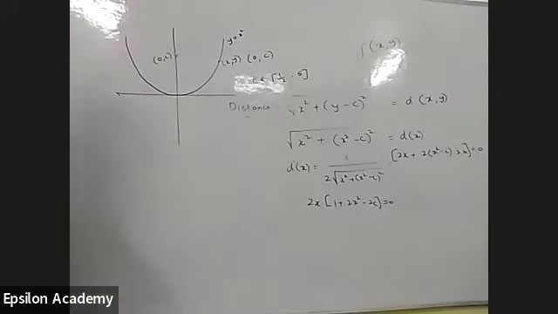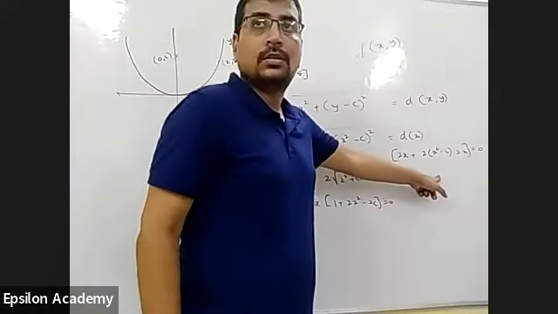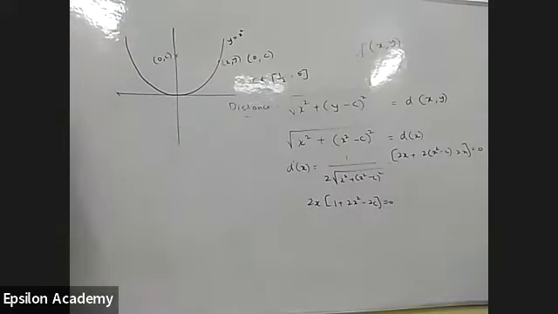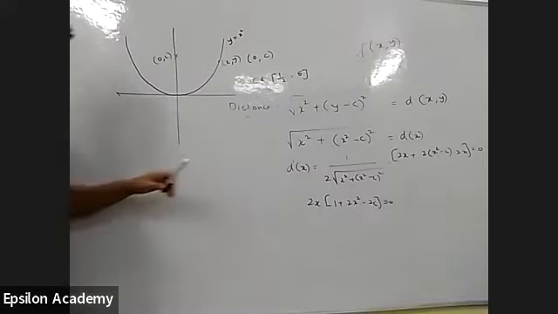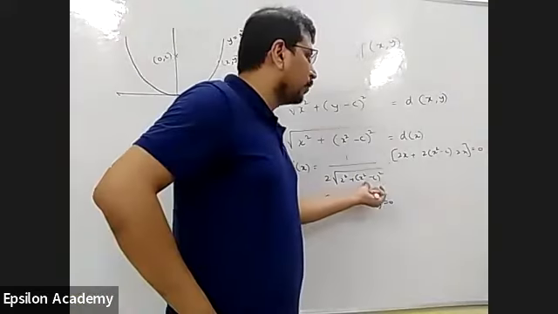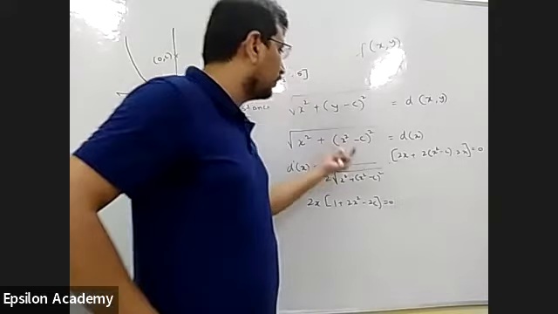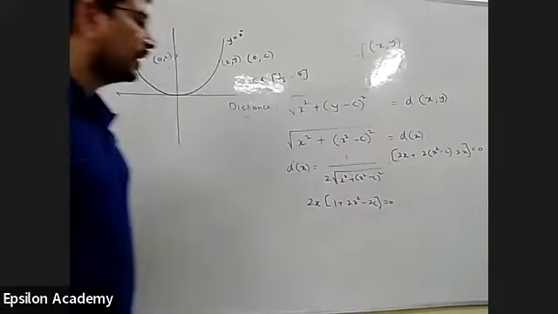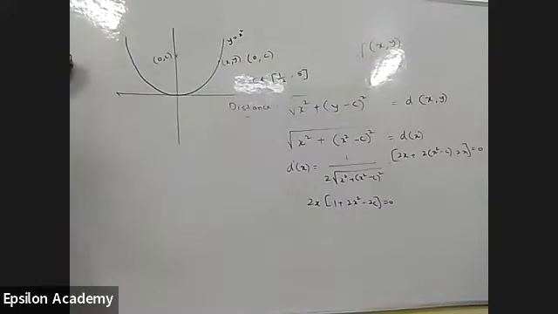Which one? This one. Chain rule. Understood or not? So this one cannot be 0 because it comes from d itself. So this value cannot be 0. So this one has to be equal to 0. So 2x into 1 plus 2x square minus 2c. So you need the value of c.